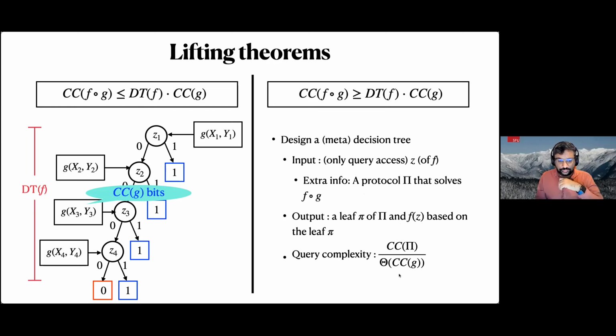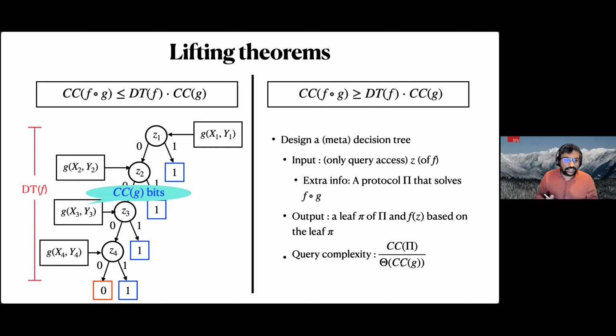To do this sampling, we will need query access to z from time to time. But we will show that the maximum number of queries that we make during this simulation of protocol pi is at most the communication complexity of pi divided by the communication complexity of the gadget. It won't be exactly that, there will be some constants hidden there.